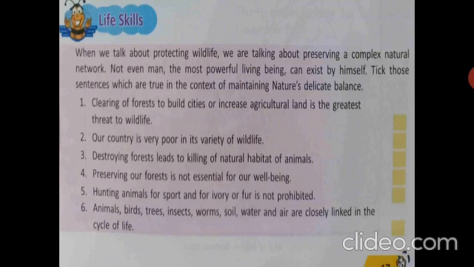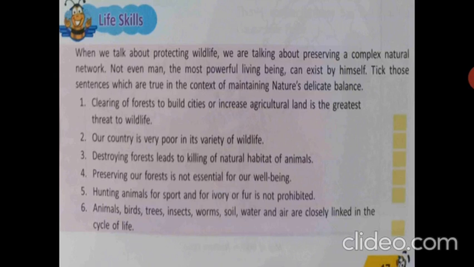If we want to protect our wildlife, we are preserving a complex natural network, and not only wildlife, we also protect human beings, the most powerful living being that cannot exist by himself.